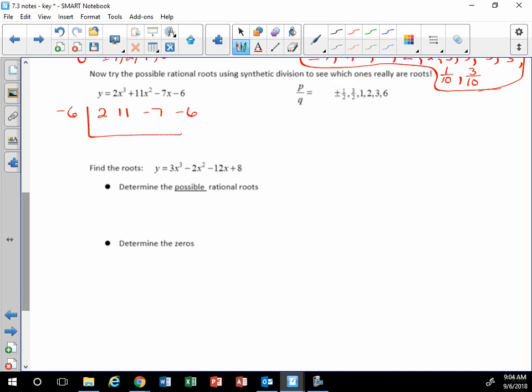Okay. We're going to do synthetic division. If it is a root, what do I want to see at the end? 0. No remainder. Okay. Bring down the 2. Multiply. Add. Multiply. Add. Multiply. Add.